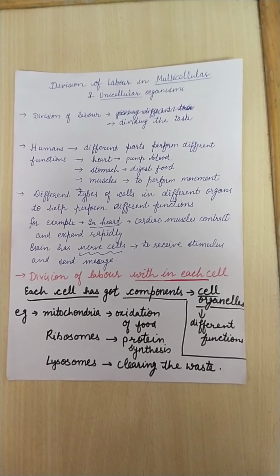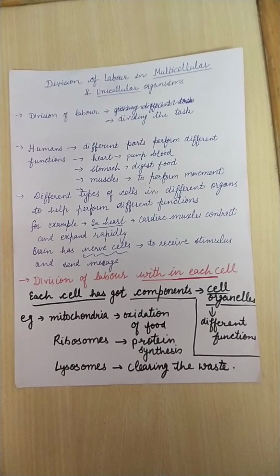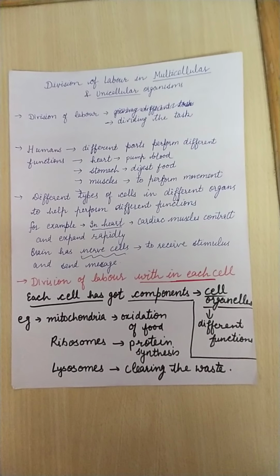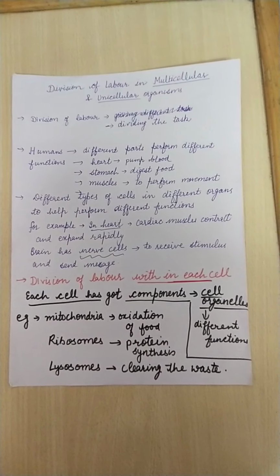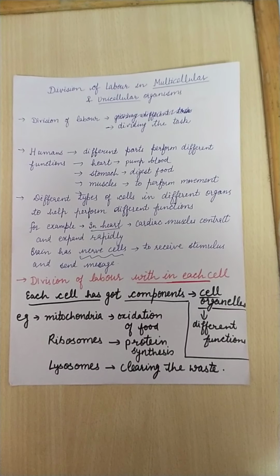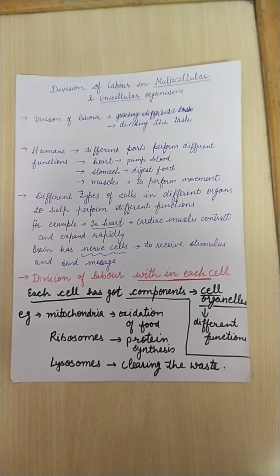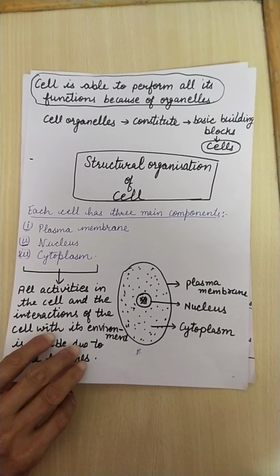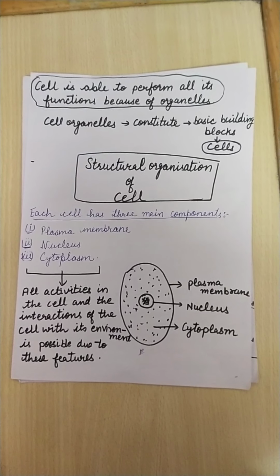For synthesis of lipids, we have the ER or endoplasmic reticulum. For clearing the waste from the cell, we have lysosomes. So you saw different cell organelles perform different functions, and each cell is able to perform its function because of these cell organelles.